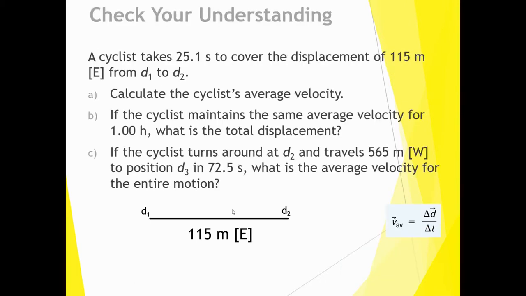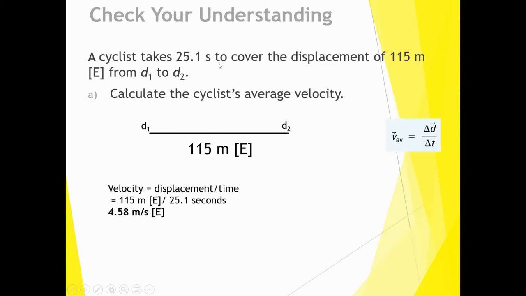Let's do another problem. So a cyclist takes 25.1 seconds to cover the displacement of 115 meters east from D1 to D2. So part A asks you to calculate the cyclist's average velocity. For this one, they gave you the displacement of 115 meters east, and they told you it took 25.1 seconds to cover that.